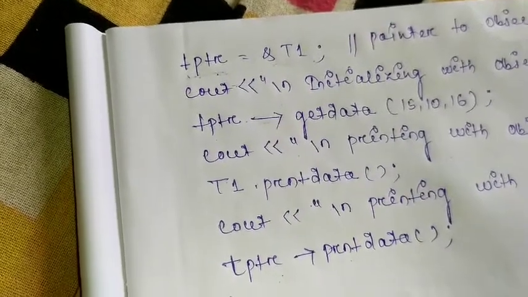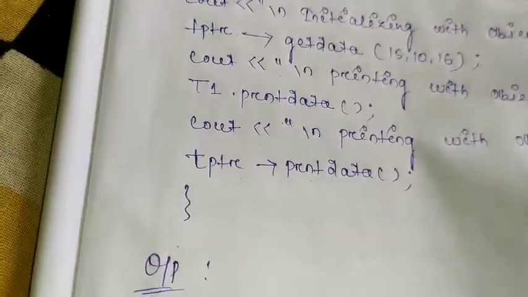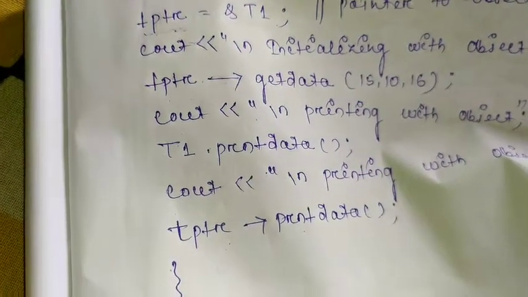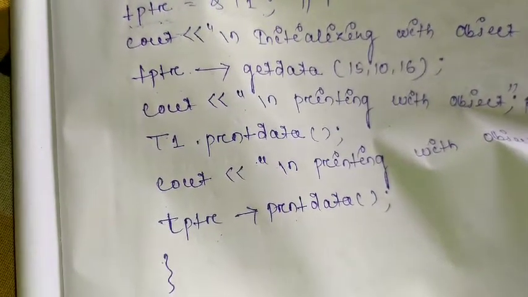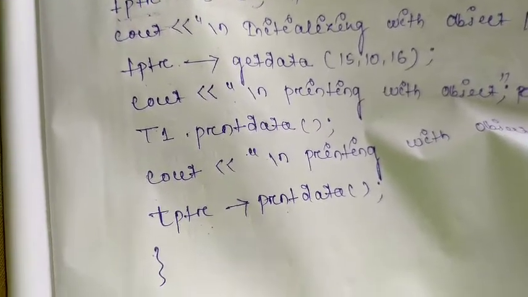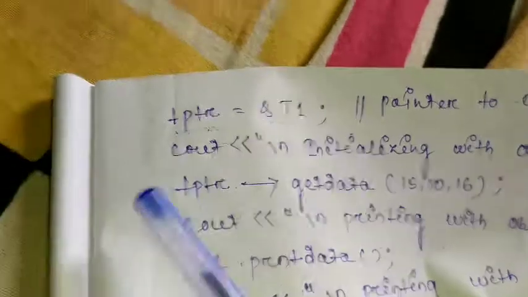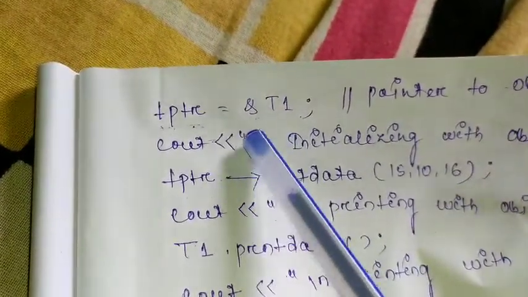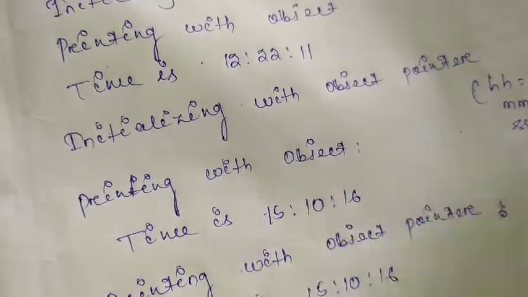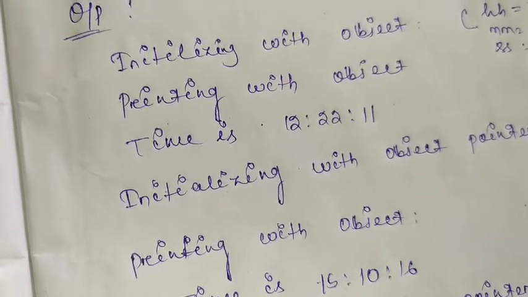Let's create another object, T2. Through this T2, if we initialize or call it, it may print other values, but as we are using the pointer to object T1, this output will be the same.